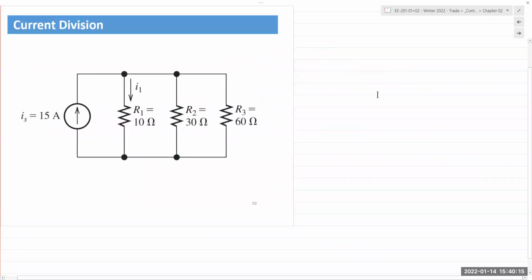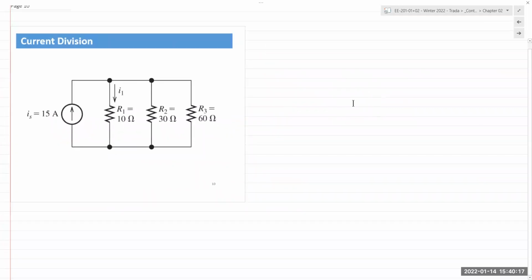In this circuit, we have three parallel resistors, and we have a 15 amp current source. So it's being divided into three. Now let's find all three currents, I1, I2, and I3, by applying current division.